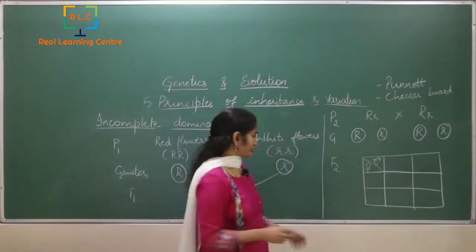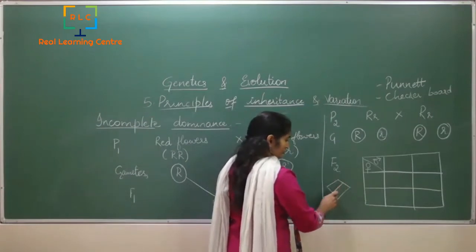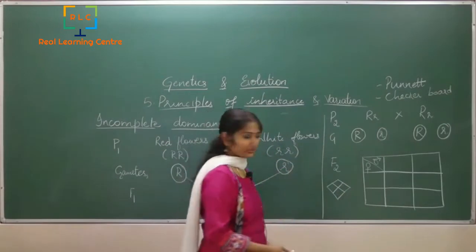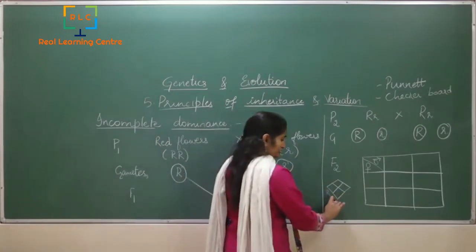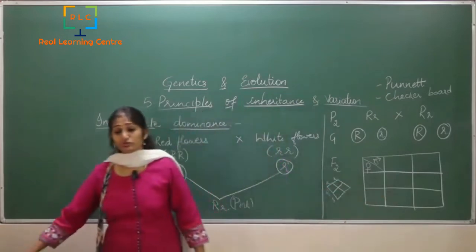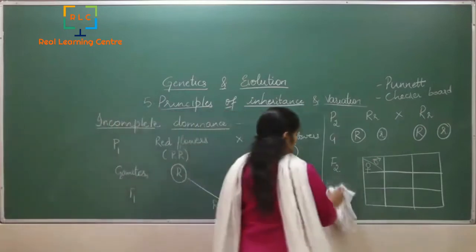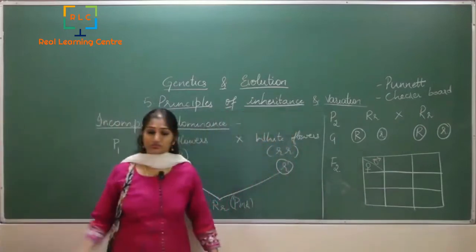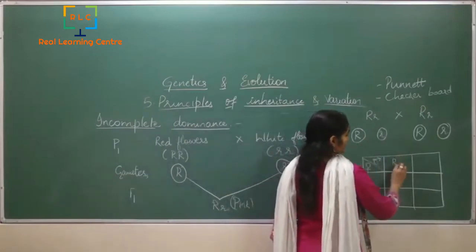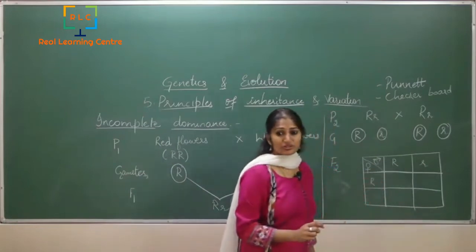Many of them write it even like this, same thing, making a square into a rectangle, and you write the gametes here, but I prefer writing it this way, or you can use the one which suits you. So we write it in the checkerboard here.